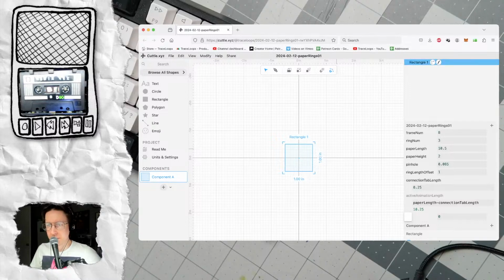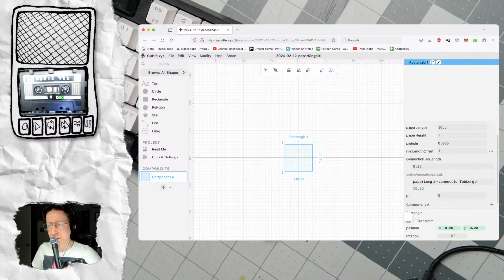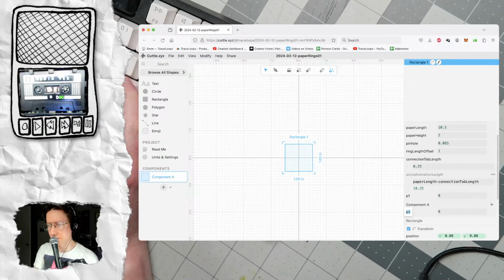Which might be embedding this in a larger thing, where frame number will be constant, ring number will be constant, paper length will be constant. Paper height I will adjust across the whole board. Pinhole is constant. Ring length offset, that's okay to be constant. Connection tab length. Now let's come into this particular component.